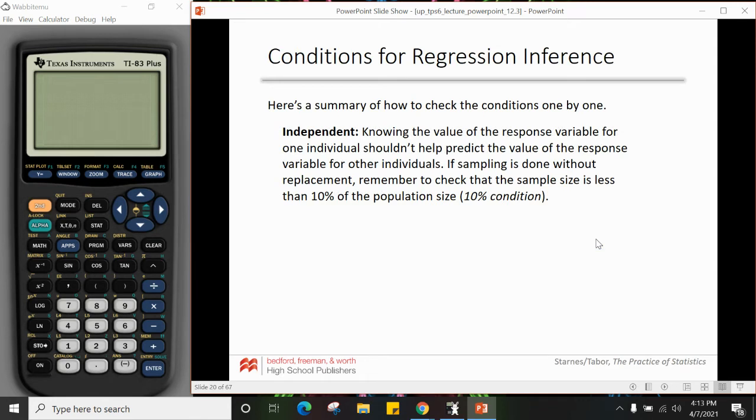For independent, this is a very clunky definition, but knowing the value of the response variable for one individual shouldn't help predict the value of the response variable for another individual. If sampling is done without replacement, remember to check the sample is less than 10% of the population size, to make sure that the population is large enough for these data points to be considered independent.